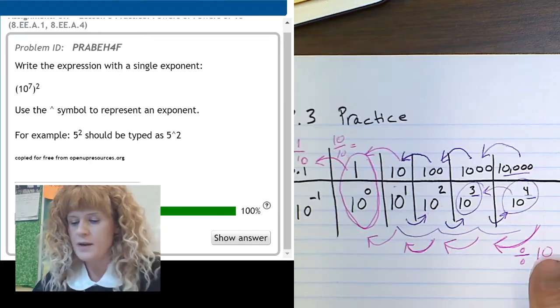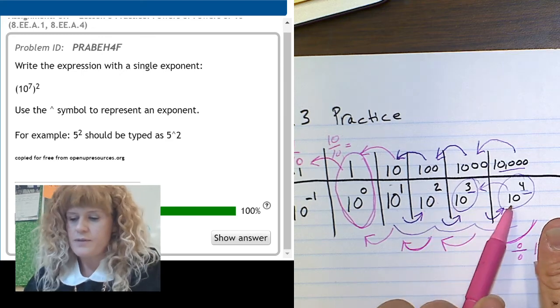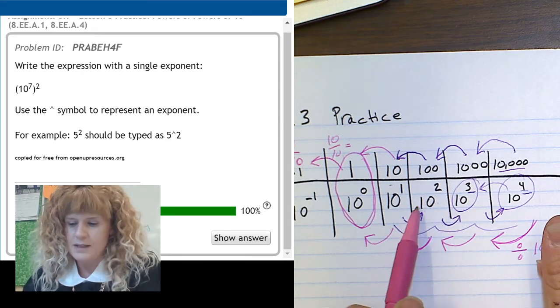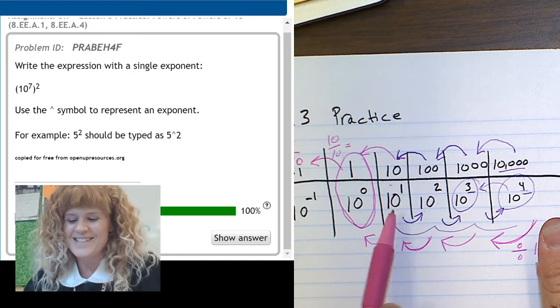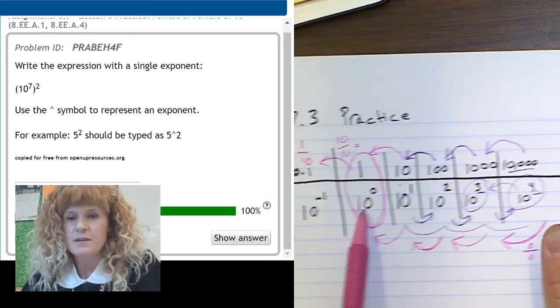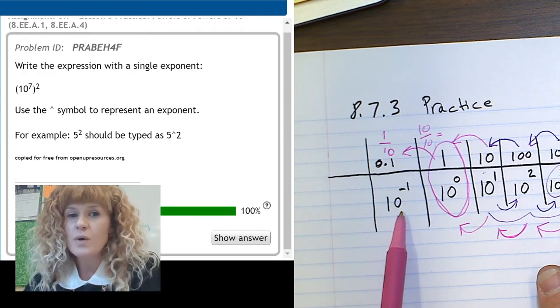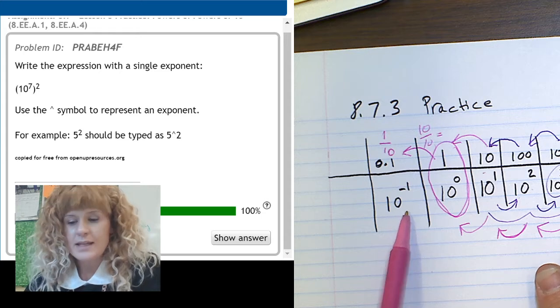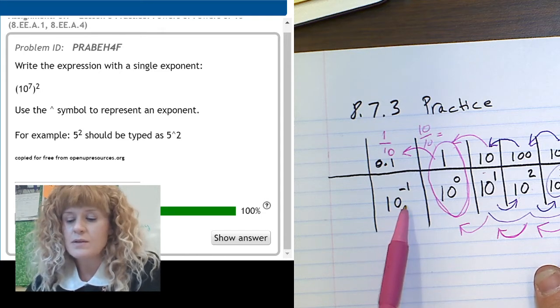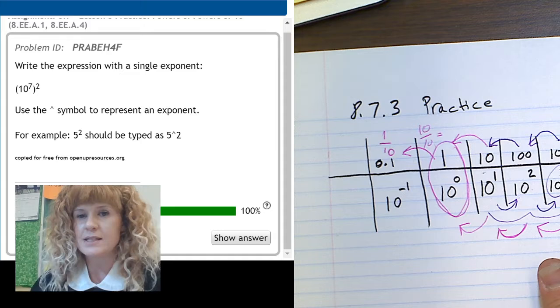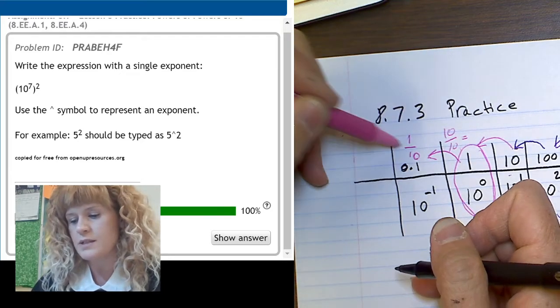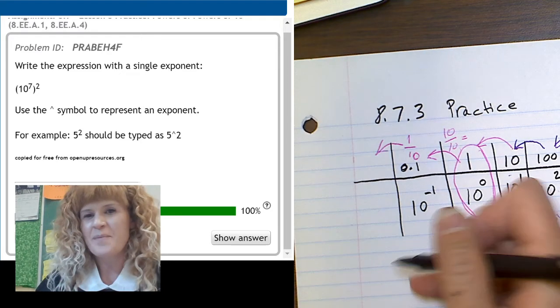So I went from 10 to the fourth down to 10 to the third, to 10 to the second, 10 to the first, 10 to the 0th, 10 to the -1. When we get into negative exponents, now we're dealing in decimals. We're going to keep going. You need to learn these.